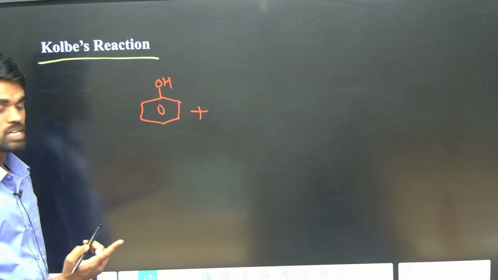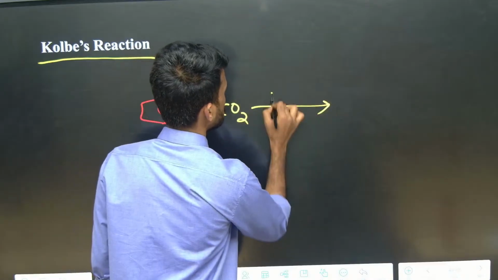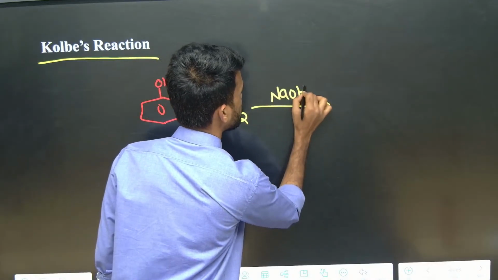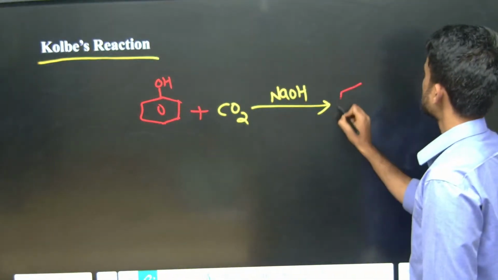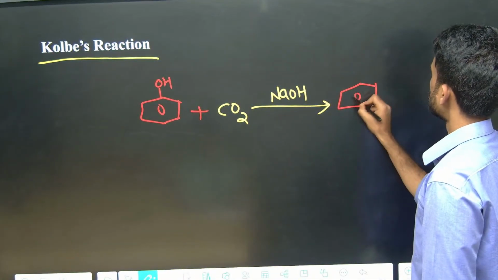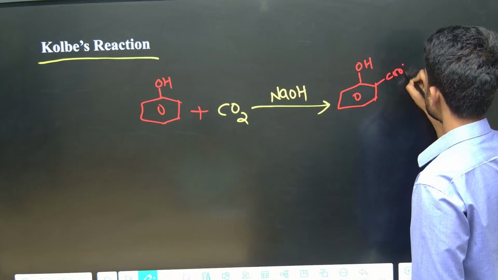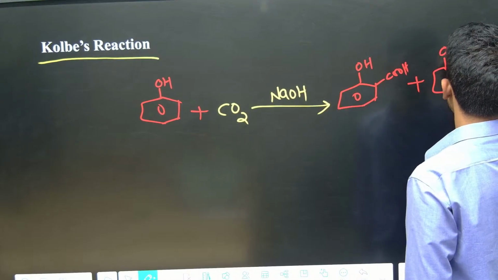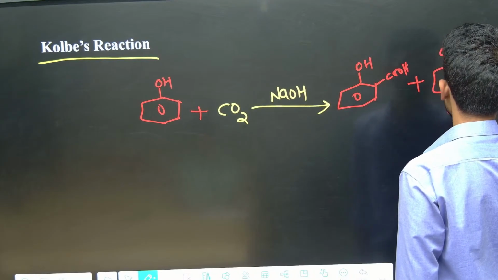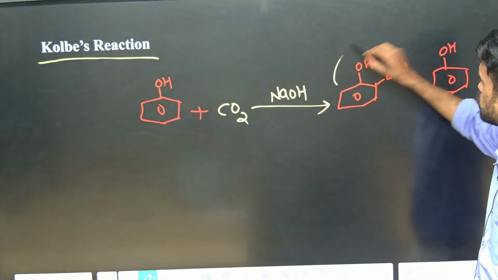That phenoxide ion is treated with CO2, carbon dioxide. This reaction happens in the presence of NaOH. Now what will it form? Salicylic acid is produced. Ortho-salicylic acid, I mean this one, and the para product, like this. Out of these two, which is the major product formed? The ortho product will be major.